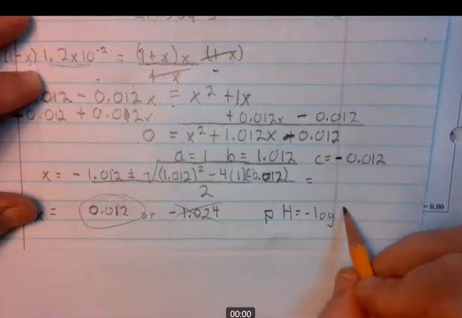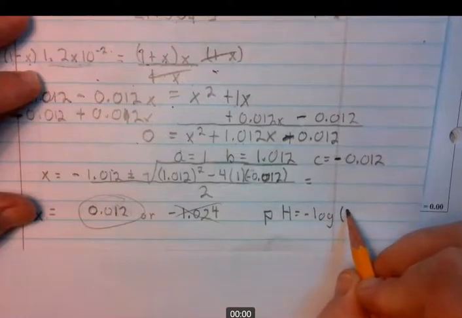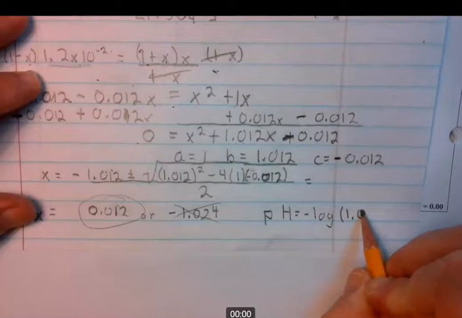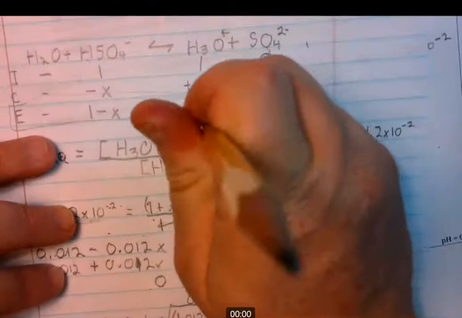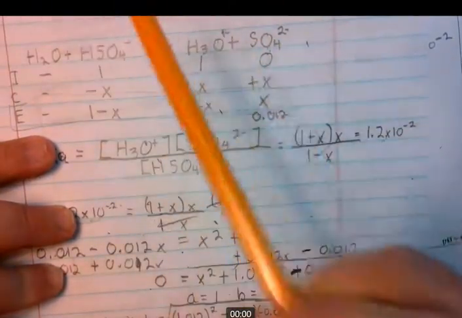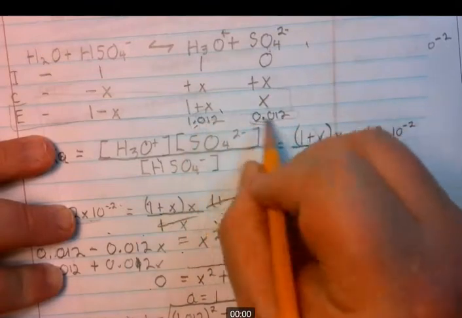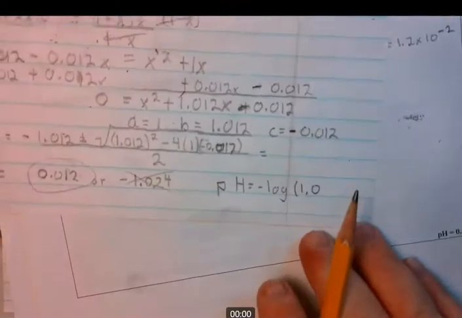Of the hydronium, which in this case, I'll just go ahead and write it straight up here, is 1.0, and I wrote 2 for it. I don't know why. It should be 1.012. In other words, it's the same as this X, except you add the 1 to it. So it's 1.012. Okay.